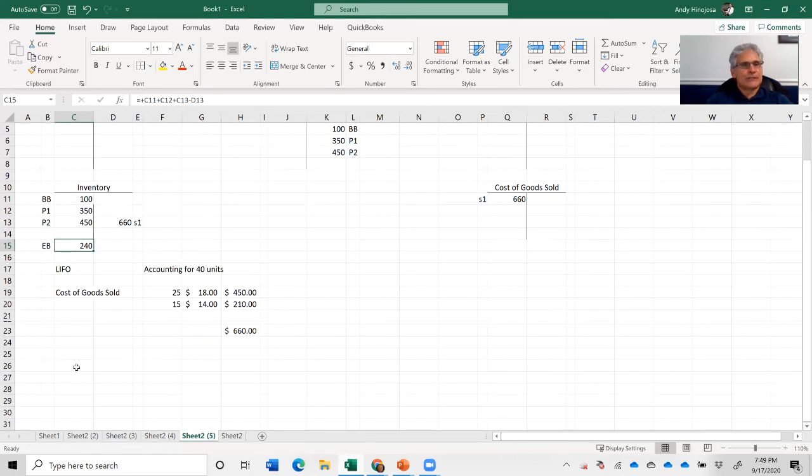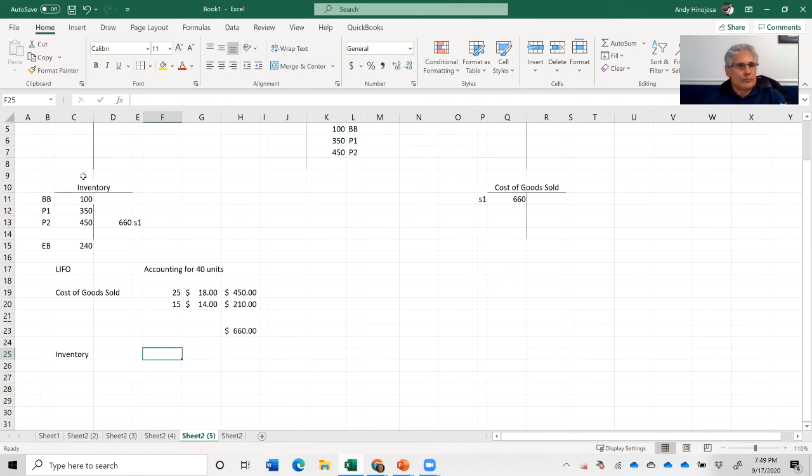Now let's confirm this. We're going to look at what's remaining in inventory. How many units are in inventory? You guessed it. 20 units remaining in inventory. Now we're going to go the opposite direction. Since our last purchases are the ones that went out, what's still remaining are our first purchases.